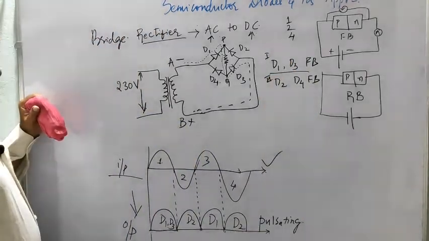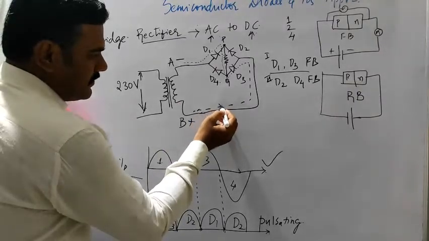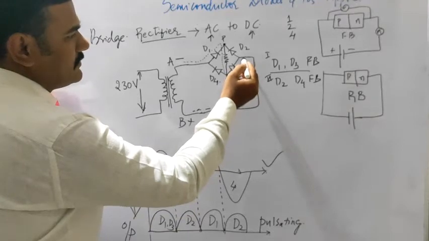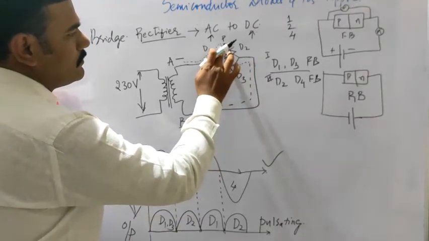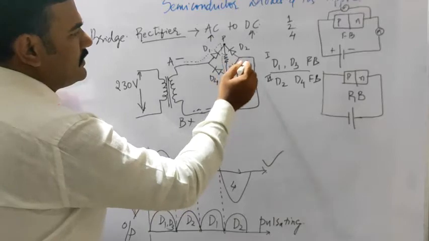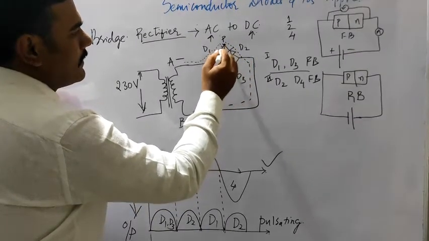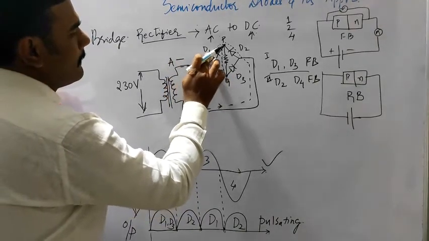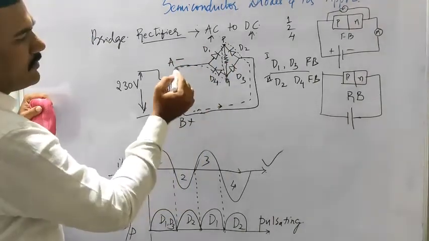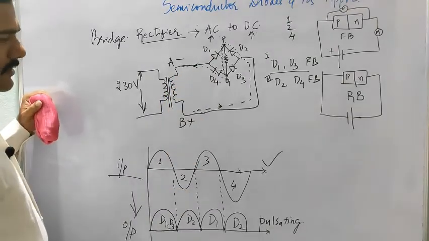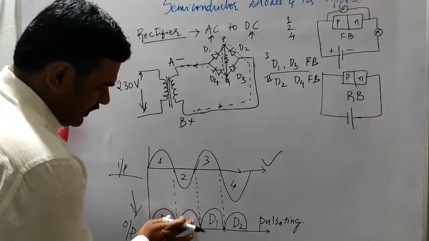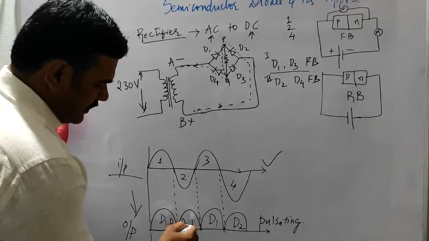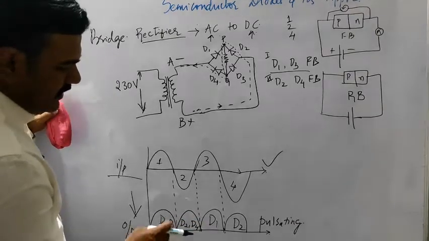The current flows from B, passes through D2, comes back to Q, and moves through D4. This is the current flow direction. Therefore the second half cycle is represented across RL. The cycle continues.